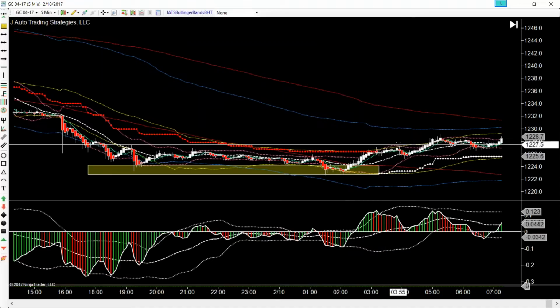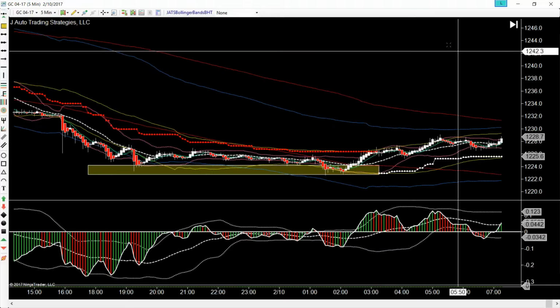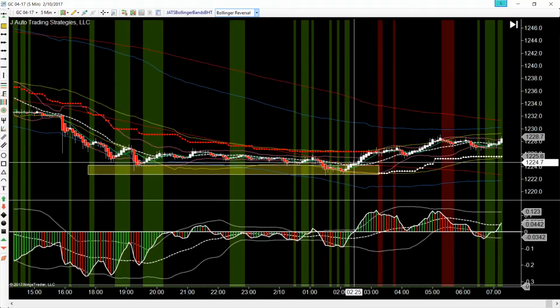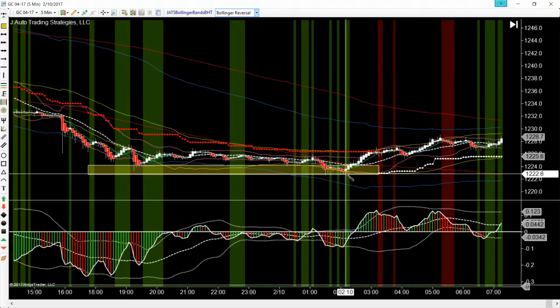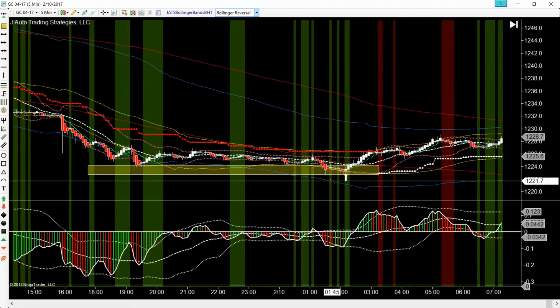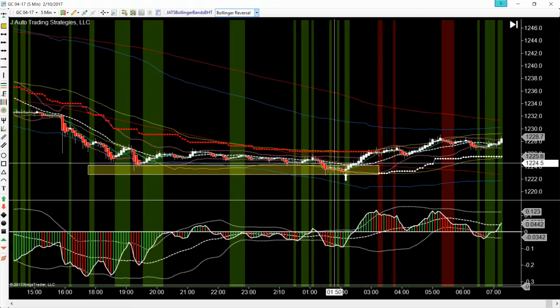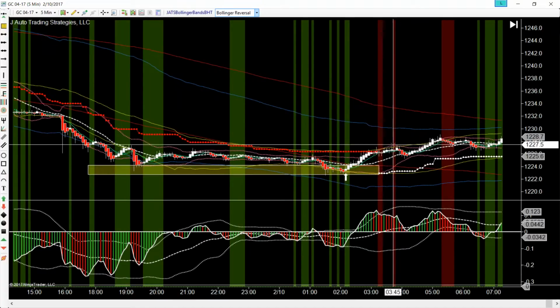I like that first breakout, pullback, and then take off, or you can just wait for your Bollinger reversals and get in on a white candle. The white candle did not occur until right there. So that's using your momentum with Heiken Ashi to time these when you get the signal.